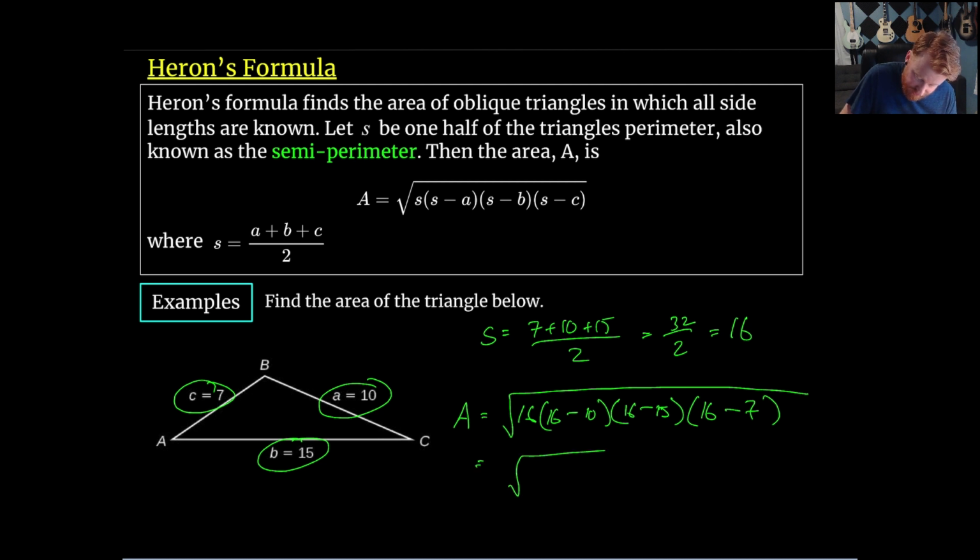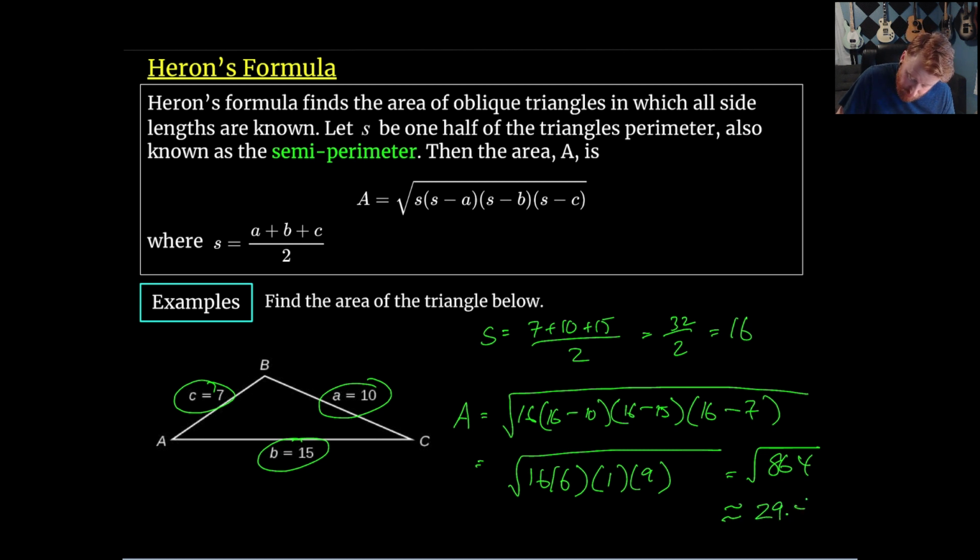So that's going to give us the square root of 16 times 6 times 1 times 9, which is the square root of 864, which is about 29.4 square units. So there we go. We've got that the area here is about 29.4 square units. I guess I can write units squared.